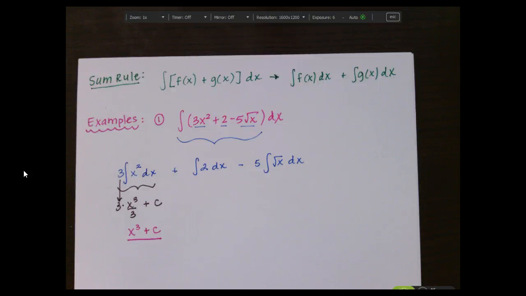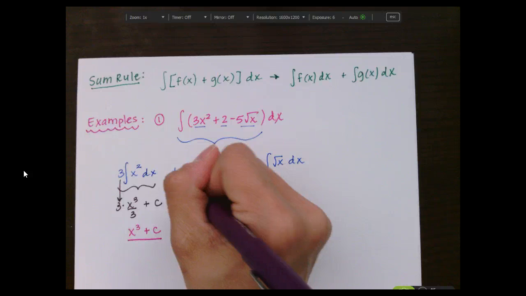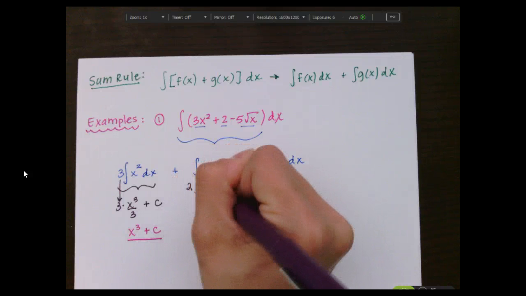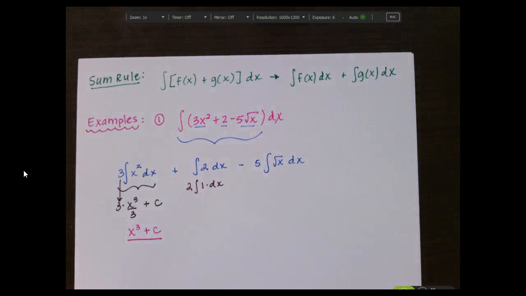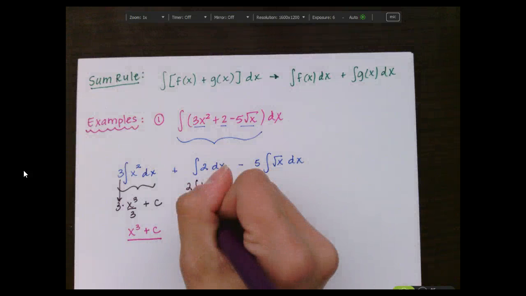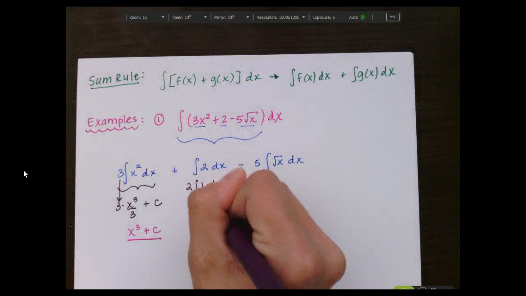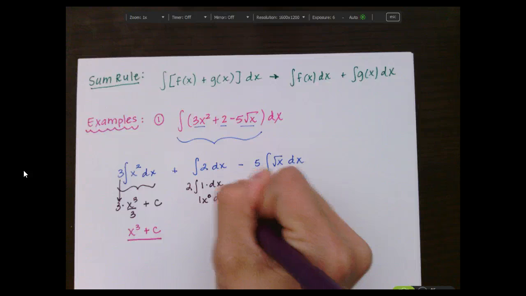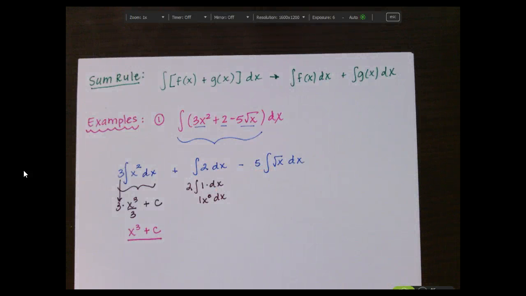Let's move on to the second piece. Now, something you might consider here is that taking that 2 and writing it as a constant multiple can be done as well, except that all you're left to integrate is just 1. So you might want to think about that in terms of x to the 0 power. If we don't have an x at all, then we have an x to the 0 power.